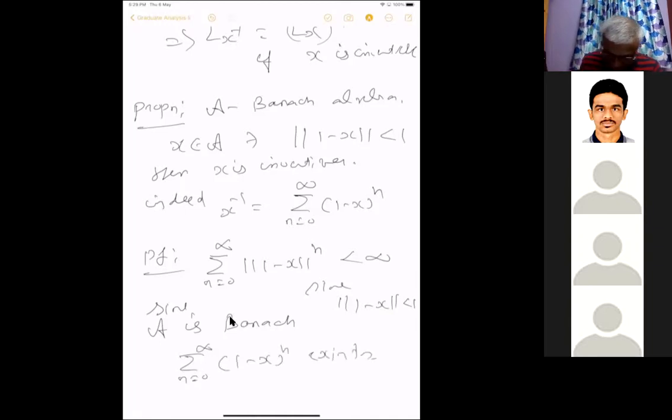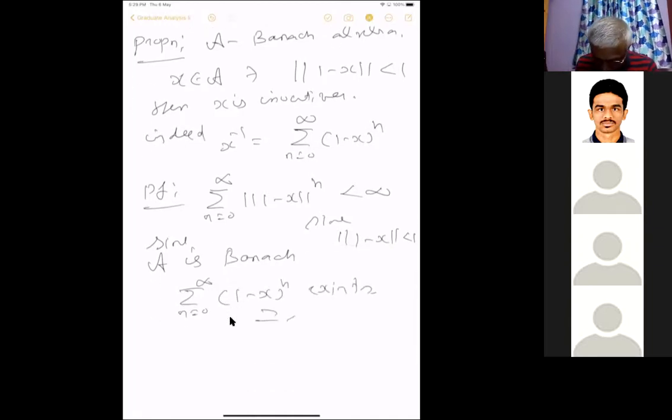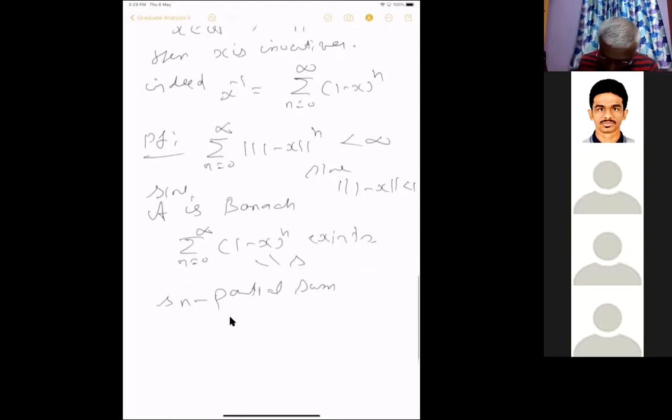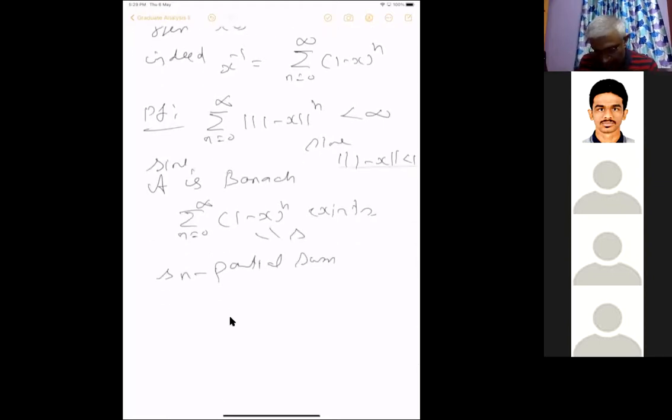The sum converges. Suppose Sn is the partial sum, and the limit is equal to S. Then we have Sn times (1 minus x) equals (1 minus x) times Sn.